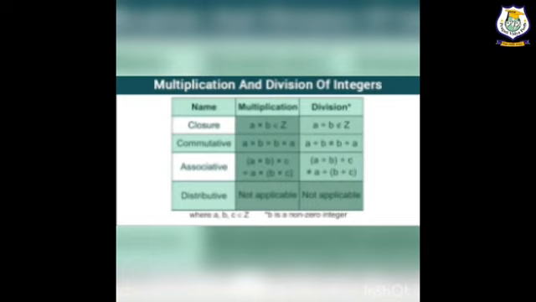Associative property: for multiplication, (a into b) into c is equal to a into (b into c). For division, (a divided by b) divided by c does not equal a divided by (b divided by c). It means associative property exists for multiplication. Next, distributive property is not applicable for both.